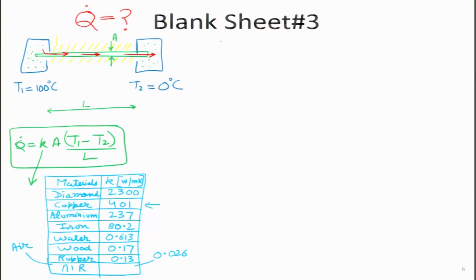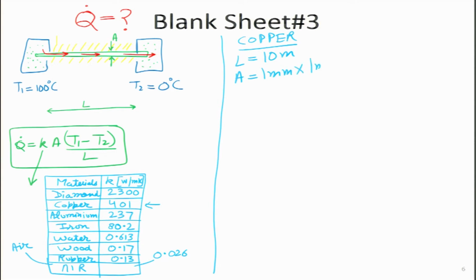So, let us do a very quick calculation just for one or two materials. So, I will again start with copper, and I will assume the same dimensions as I had assumed earlier, that the length is 10 meters, the cross sectional area is 1 millimeter by 1 millimeter, which is 1 millimeter square, which is 10 power minus 6 meter square.